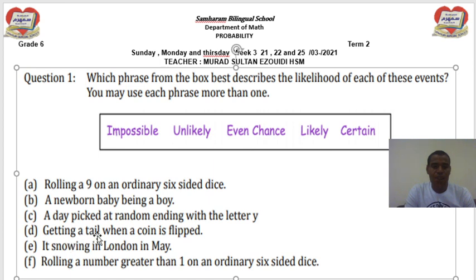Then getting a tail when a coin is flipped. When you flip a coin, you will get a head or a tail, so it has an even chance, meaning its probability is 1/2.